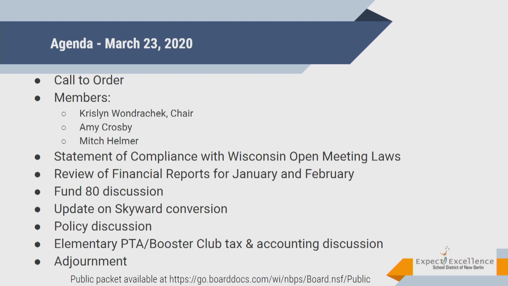Okay, and then I'm looking at the payment to the City of New Berlin with check number 200201. Is that like the short-term borrowing stuff that we do with them? Or what is that? Yes. Okay.